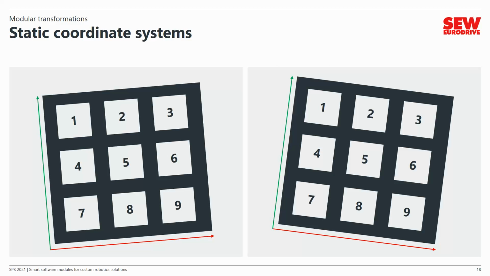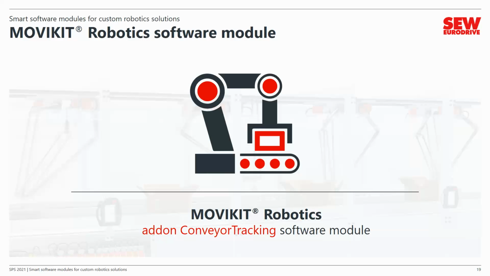With static coordinate systems, you can always use the same robot program with the same positions for pallets that are somewhat displaced or twisted, for example. If the pallets or parts to be picked are in motion on a conveyor belt, the MOVIKIT Robotics add-on conveyor tracking software module is used.